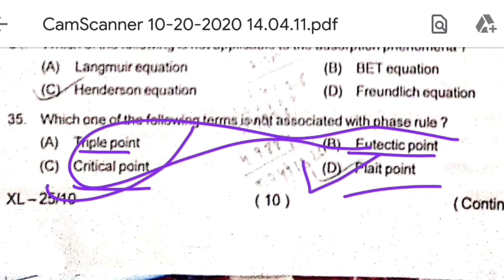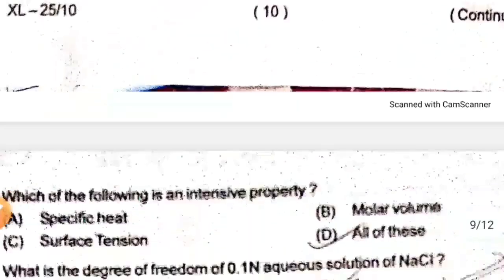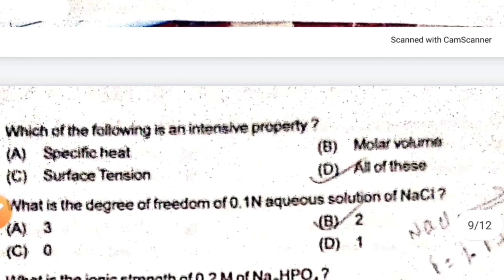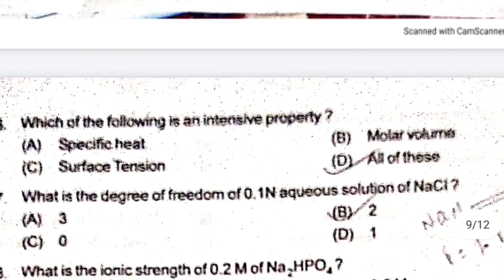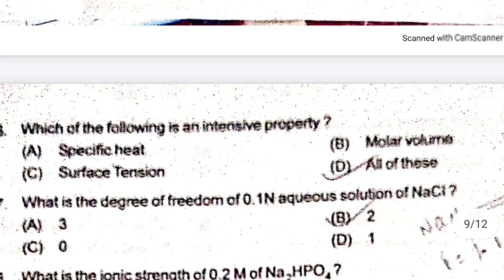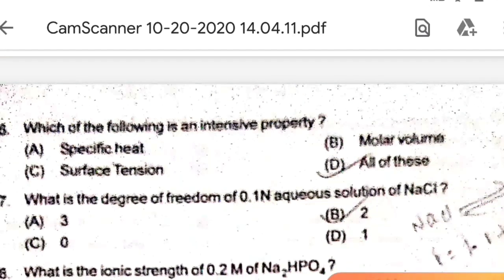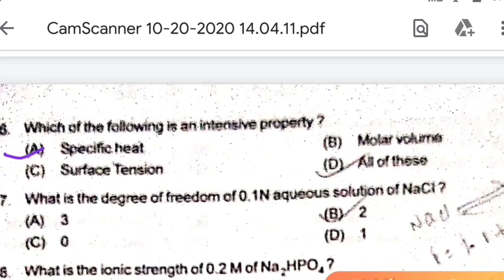Next, which of the following is an intensive property? What do you mean by intensive property? An intensive property is independent of the amount of substance present in the system. Specific heat is an intensive property.